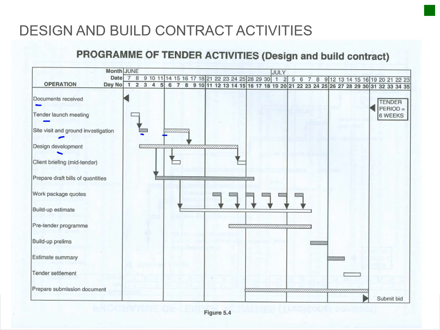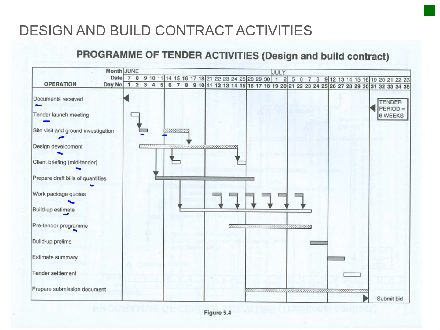Okay, so you might have an initial site visit, but you might want to visit the site again to get more information. Then you've got your client brief mid-tender. That's basically where you as a contractor give feedback on how the design is going. And then you prepare your tender draft and the quantities, and then you divide your project into different packages, and you build up your estimate according to that.